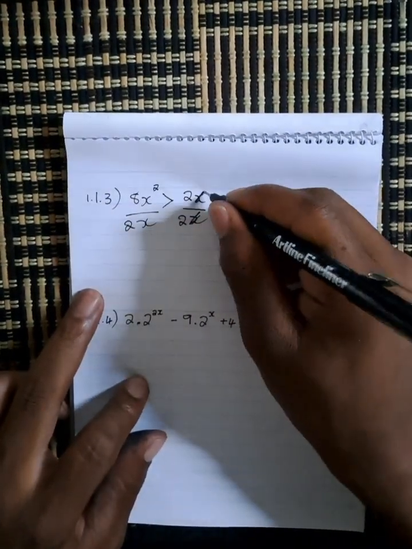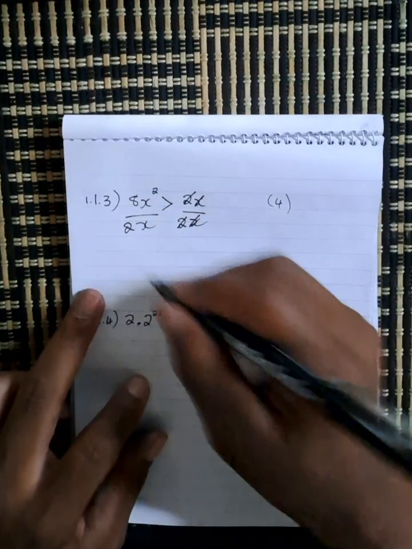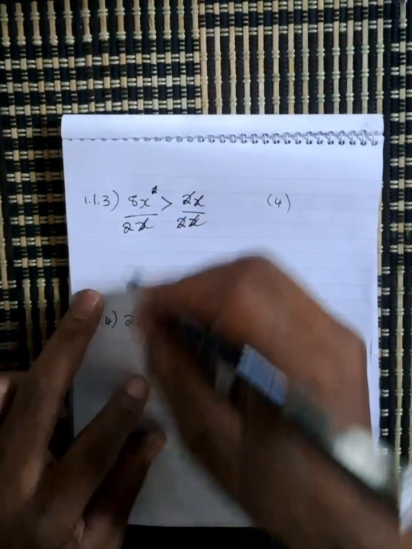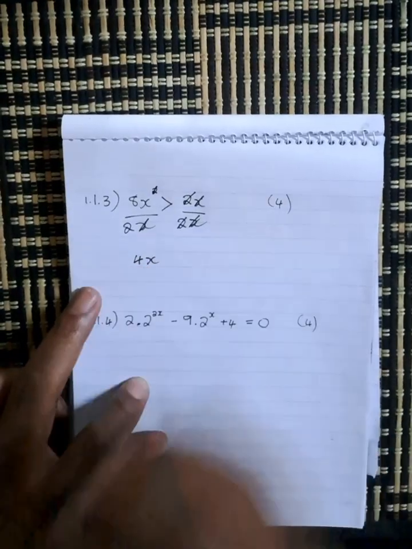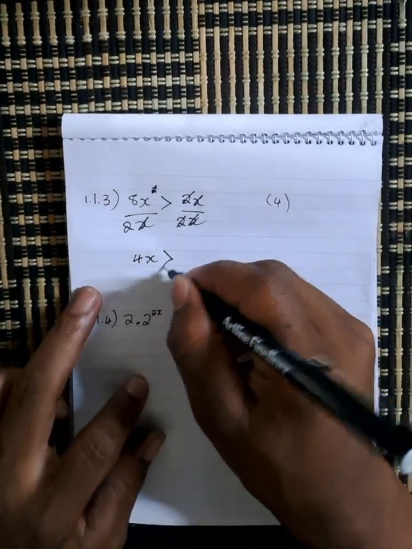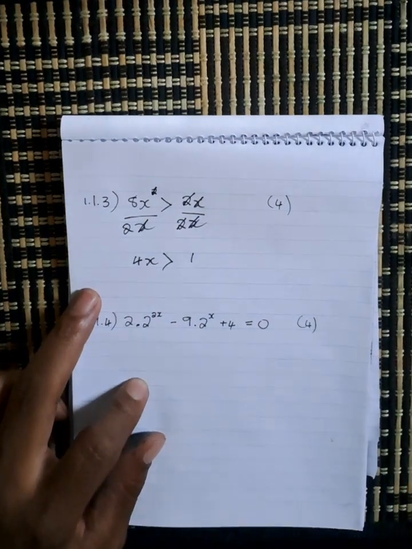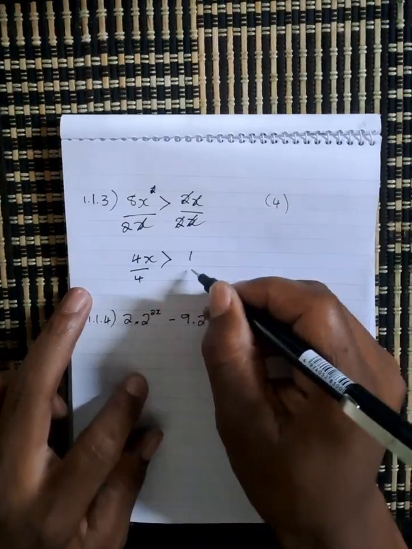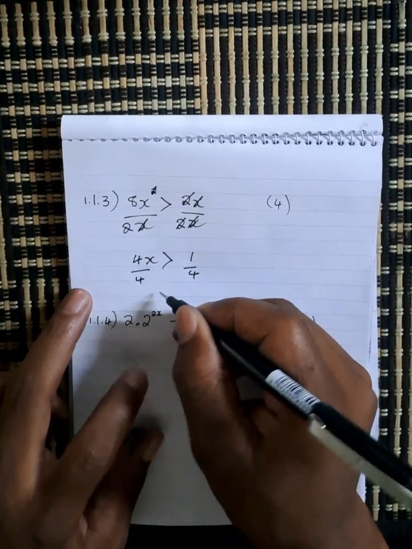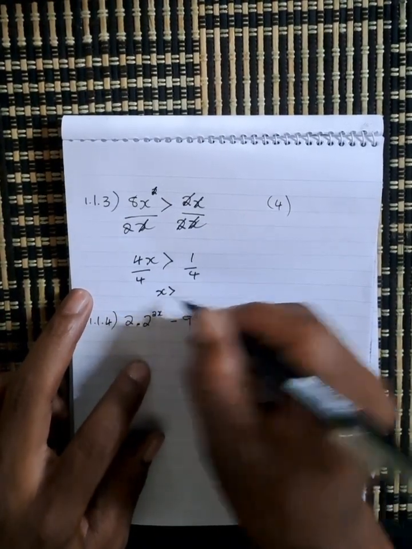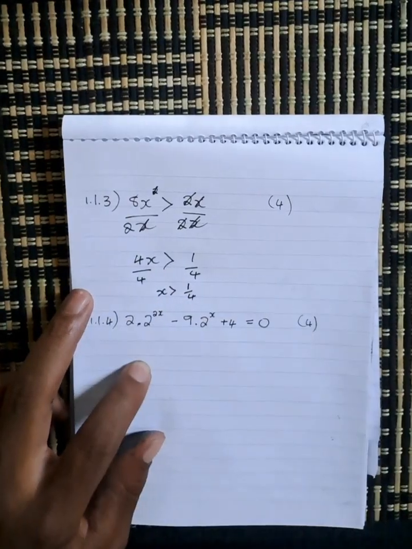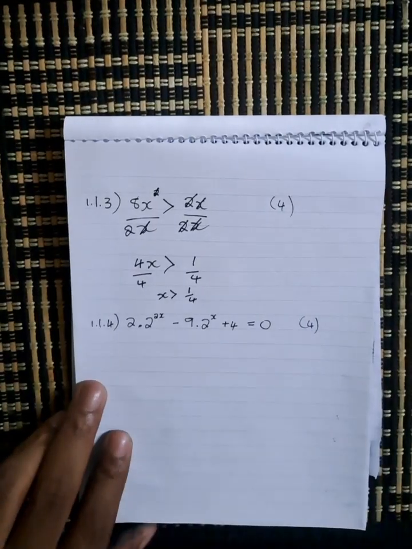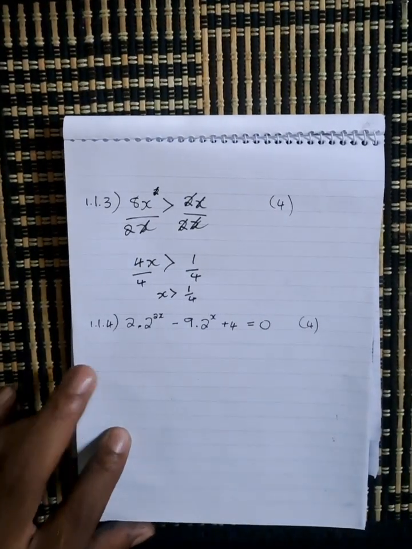So this cancels that, this cancels that, and 8 divided by 2 gives you 4x greater than 1. But we're solving for x, so we're not done yet. We divide by 4, and our x is greater than 1 over 4. That's our answer, and you got your 4 marks if you got that.